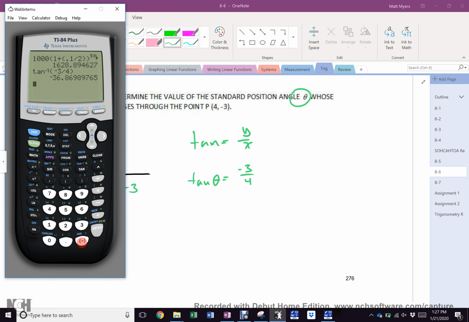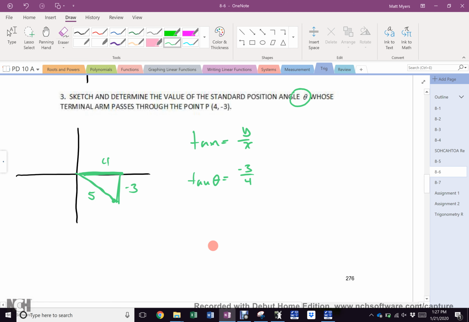Okay. So, now this is weird, right? It's giving me a negative value. Now, if I drew this triangle this way, 3, 4, that would be theta, yes? So isn't this triangle just exactly the same thing?